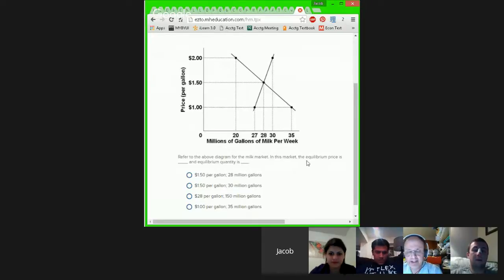In this market, the equilibrium price is, and the equilibrium quantity is, $1.50, right? $1.50 per gallon and 28. So that would be the top. Well, I would call it A, but whatever it is on your chart. Yep, because it's where these two intersect. And we just follow it over to the price, follow it down to the quantity. Correct. That was an easy one, guys.